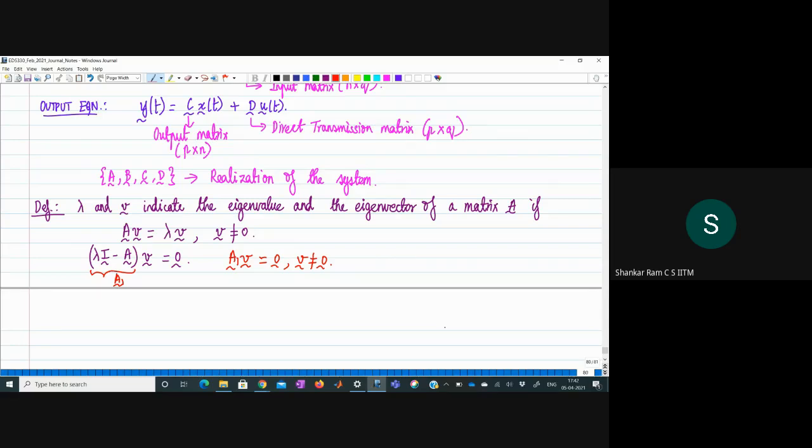So from basic linear algebra, we know that whenever the product of a matrix and a non-zero vector is 0, the only possibility is that the matrix is a singular matrix. Okay, so that means that its determinant is 0. So immediately we can see that we'll have determinant of lambda I minus A equal to 0.